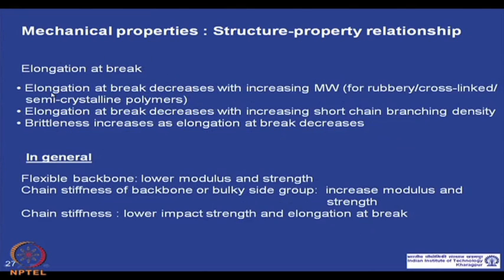Elongation at break decreases with increasing molecular weight, and elongation at break decreases with increasing short chain branching density of the polymer. Basically, we relate brittleness of a polymer with elongation at break. When something elongates more, we say it is less brittle, and if it does not elongate, we call it a brittle material.